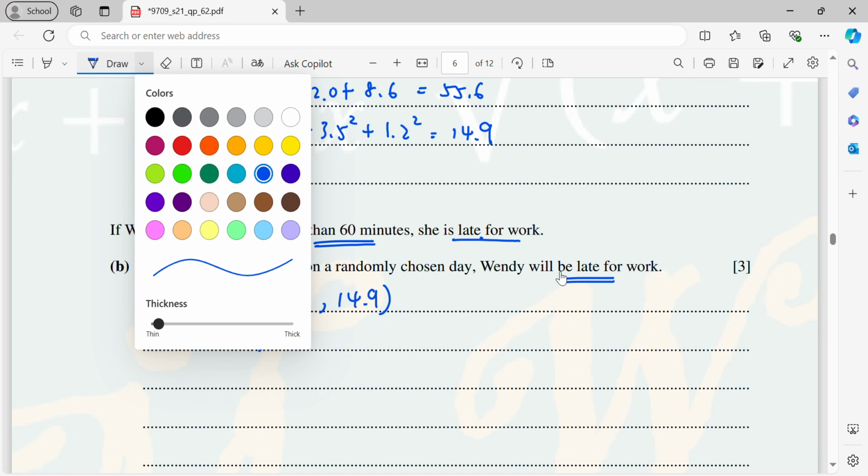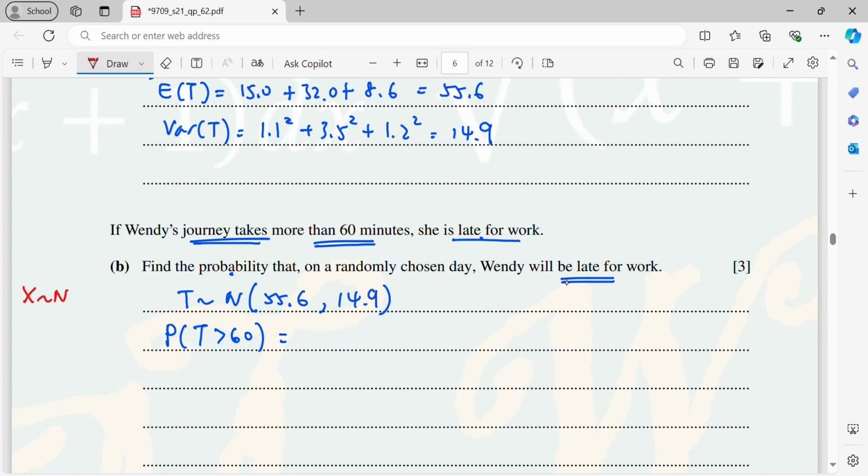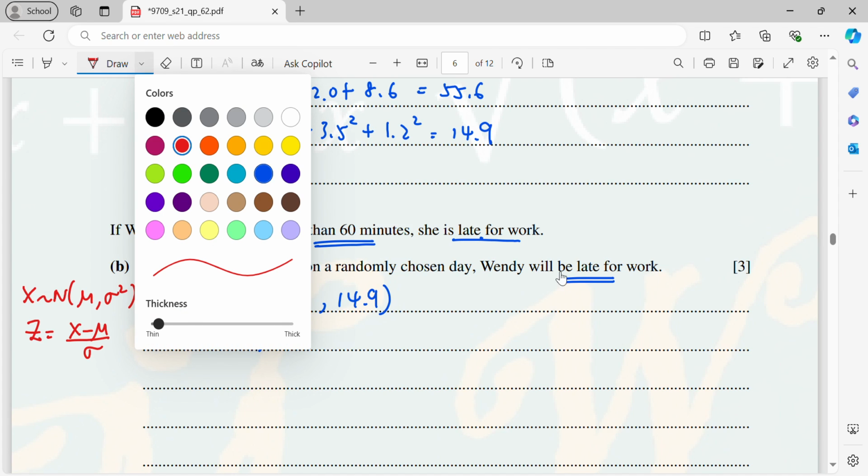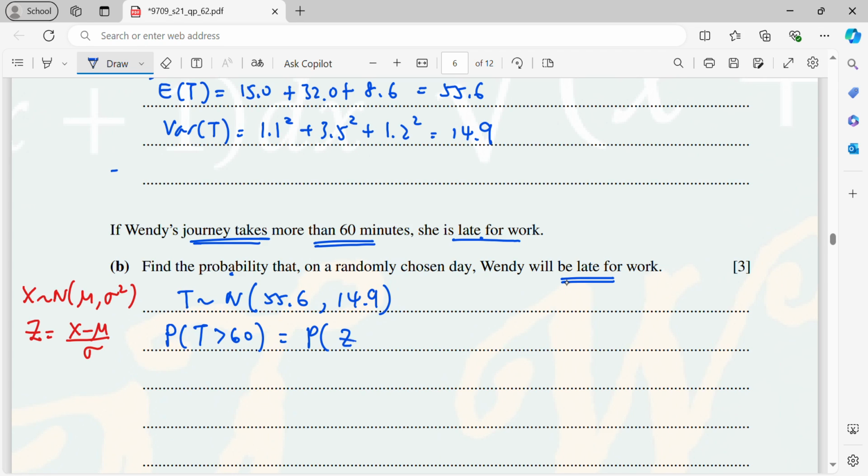So now, when you are given the normal distribution, we need to standardize it before we get the probability using this formula. Therefore, it will be P(Z > (60 - 55.6) / square root of 14.9).